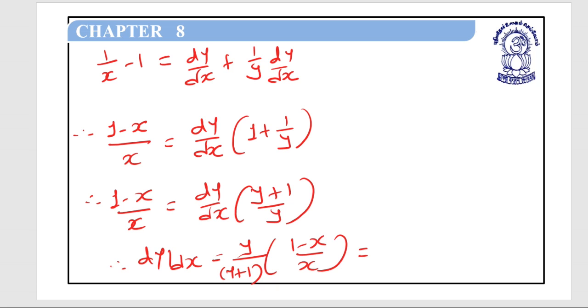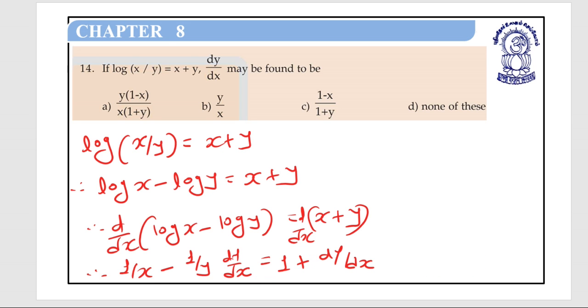So you can write y into 1 minus x upon x into y plus 1. So option A is the right answer.